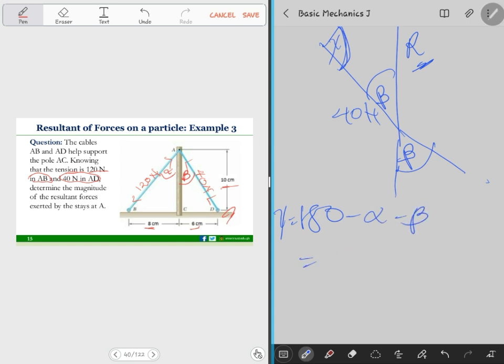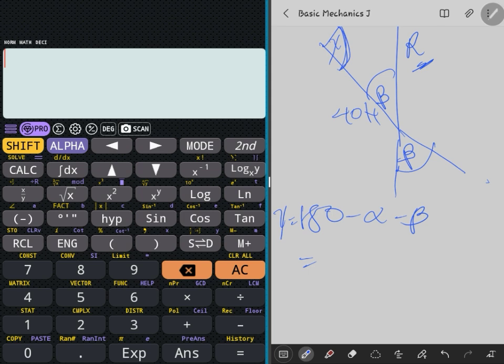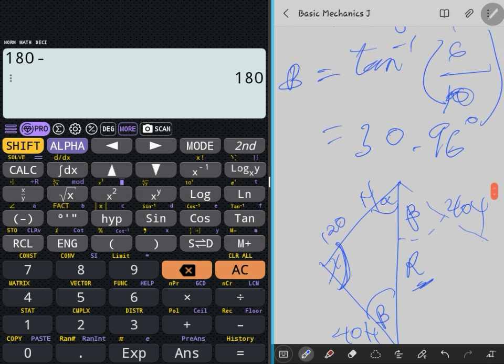So what does that give us? Let's see, 180. And before you even choose the procedure you follow for a question, it's very good to visualize everything before you do anything at all.